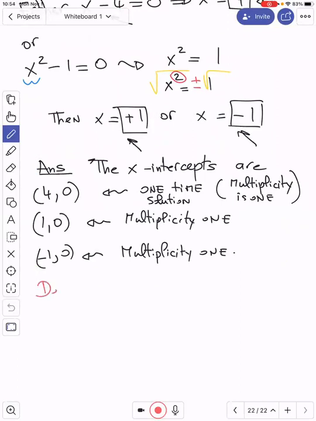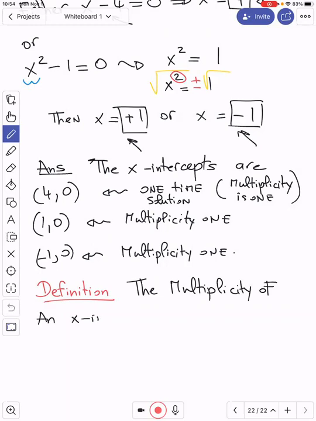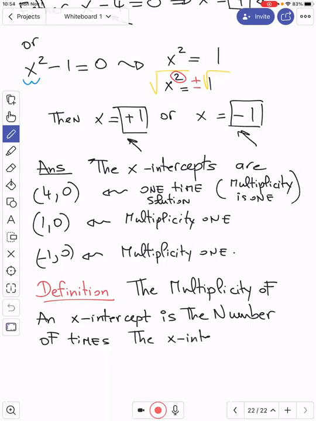The multiplicity of an x-intercept is the number of times the x-intercept is a solution of f of x equal to 0.